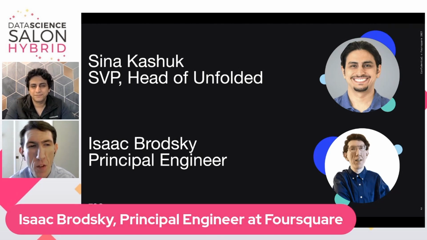I'm a principal engineer for Unfolded at Foursquare. Prior to that, I was one of the co-founders of Unfolded, along with my colleagues Sina, Shan, and Ib. And before that, I was working on marketplace data systems at Uber. Throughout that time, I was also very involved with the H3 open source project since about when it started a few years ago at Uber.